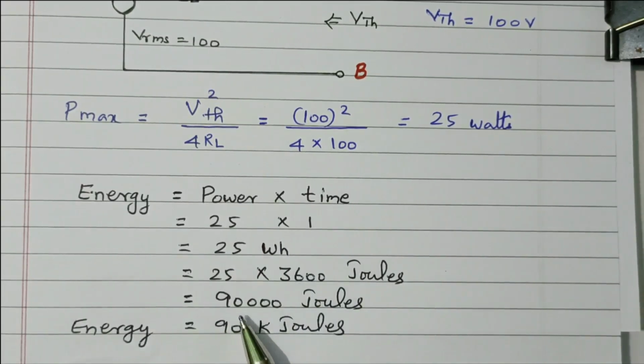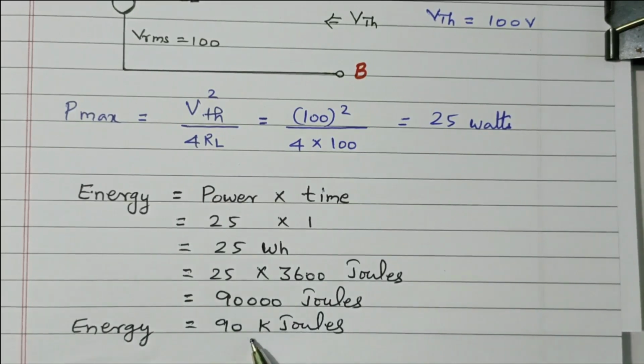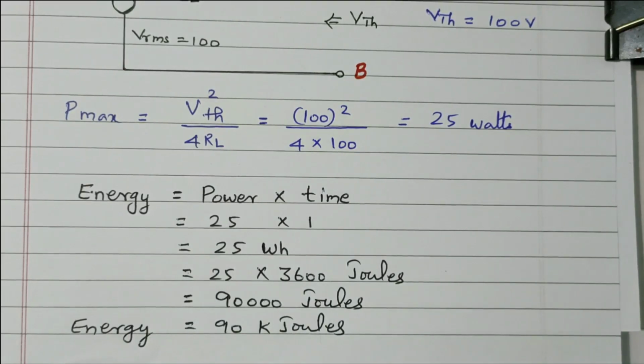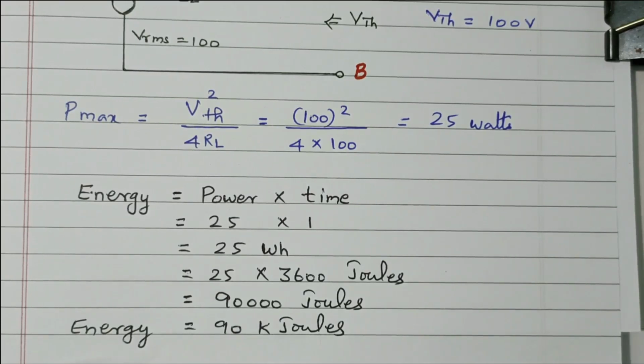This 90,000 joules is 90 into 10 to the power 3, so 90 kilojoules. In this problem we calculated the Thevenin equivalent circuit, and from that we calculated the maximum power delivered as well as the energy.